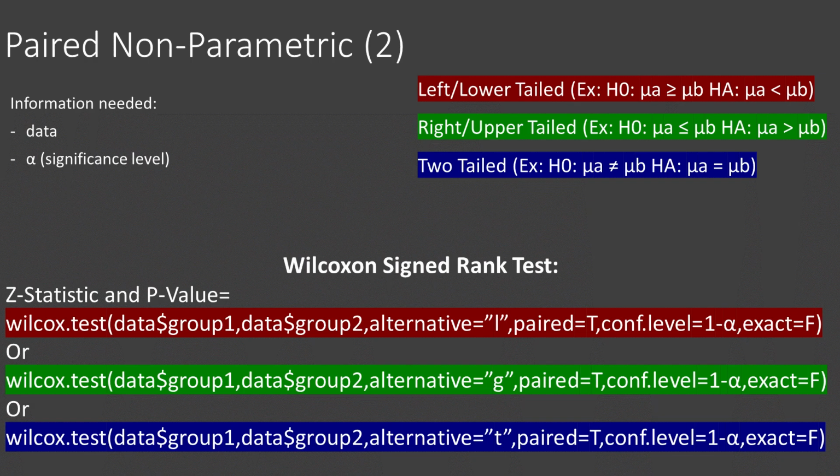And again, you do paired equals T, alright? However, the big difference, alright, is that you have to put exact equals F, or false, right? If you don't do this, your p-value and your z-statistic will be slightly off, and it'll basically make you get the wrong answer, right? So just make sure you always do that exact equals F, alright?